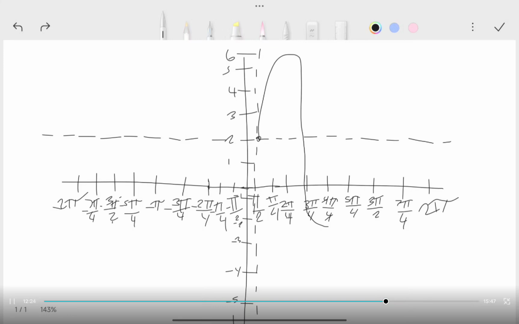So from positive 2, go through 3 pi over 4 and then negative 2 and up to positive 2 again, and to the end of the cycle. Let's proceed to our second example.